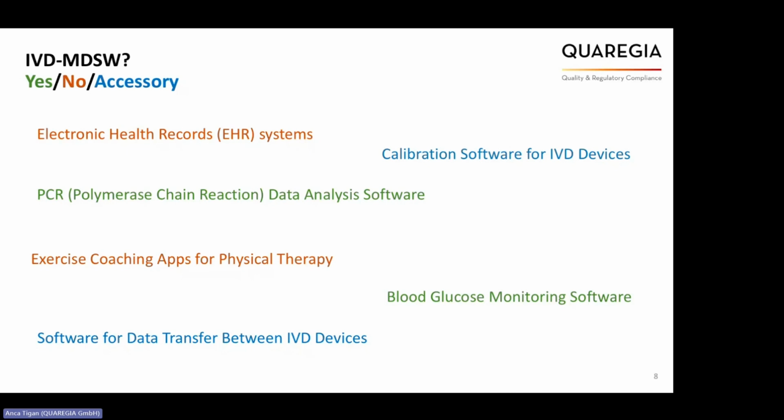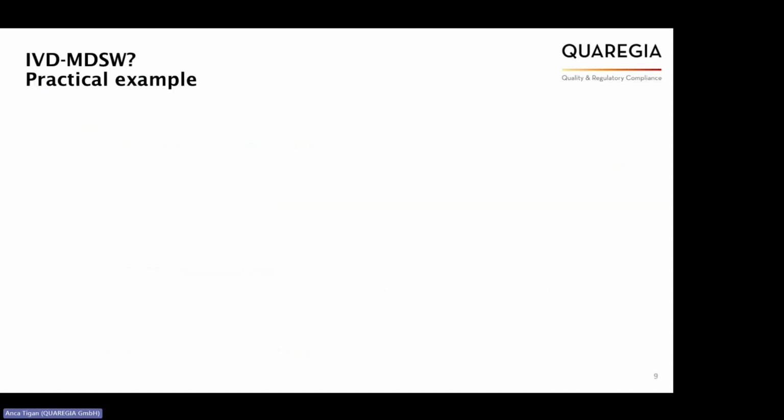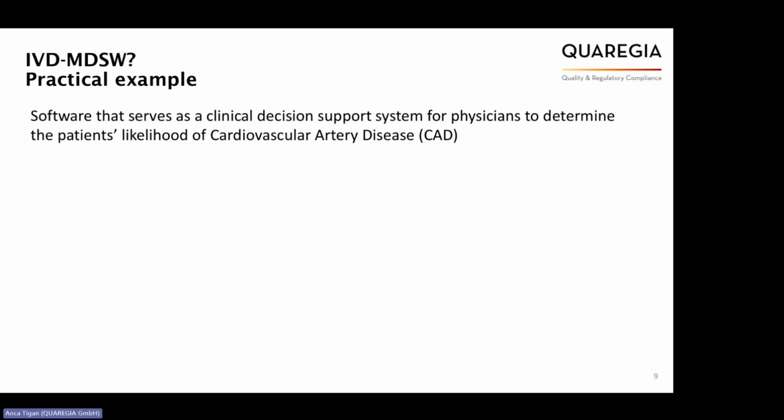I want to now illustrate this with a bit more complicated example, because sometimes softwares we encounter in real life are not as simple as having just one functionality. So for this, I would take as an example a software that would serve as a clinical decision support for physicians to determine the patient's likelihood of cardiovascular artery disease.